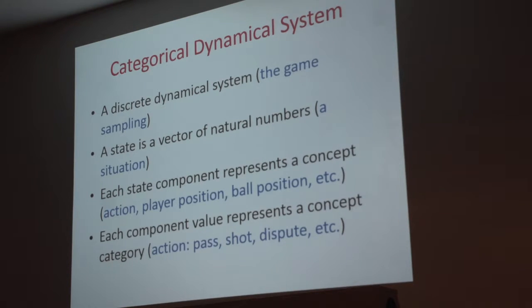Each state component is a vector, and each component represents a concept. It could be an action, a player position, ball position, and other kinds of information. For each concept, we have specific information that is also qualitative, hence described by integer numbers. For example, an action could be a pass, a shot, a dispute, etc.